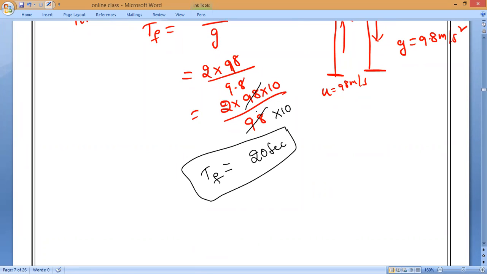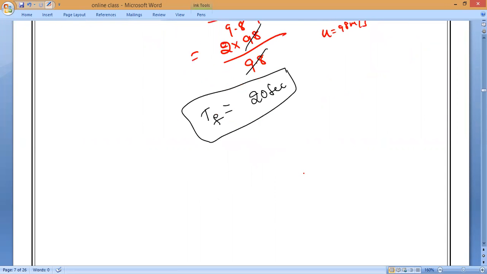Then it will be 98 and it will get cancelled. Is it clear? You can write like that also. So you can see it is 9.8 ones and 9.8 tens. Directly you can get the answer. Is it okay?